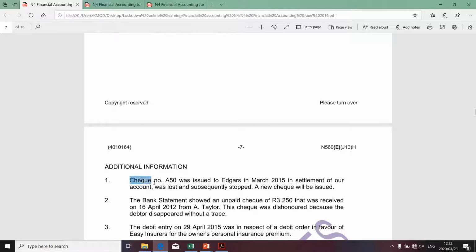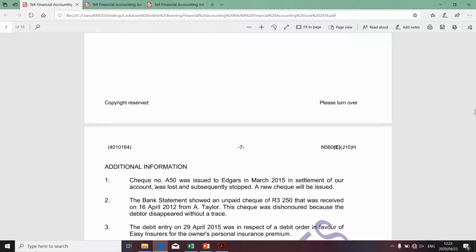Transaction 1 relates to check number A50 that was issued by ABC. ABC is the business that we are currently completing the bank reconciliation for. So they made a payment to Edgar's in March 2015 in settling an account. That's basically creditors.